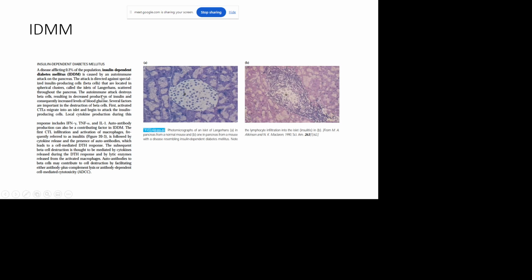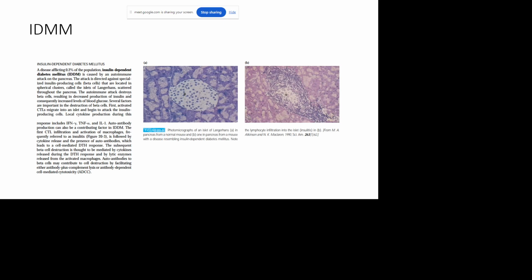We can see that the autoimmune attack, meaning the infiltration of lymphocytes to the pancreatic islets of Langerhans cells, will destroy the beta cells, because the lymphocytes include macrophages and neutrophils.